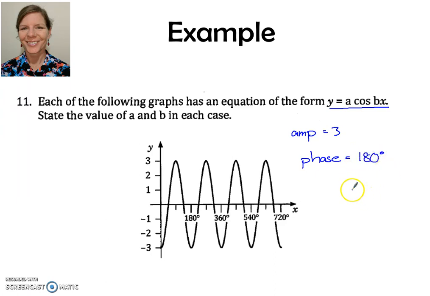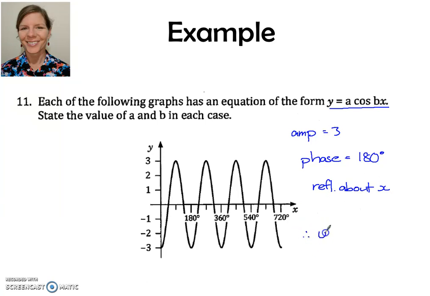We've squished it in. Also, one thing you need to notice is that we're starting down the bottom here. Usually a cos function starts at the top, so that's been reflected about the x-axis. So there's also a reflection about x, which of course is where we put our negative at the front.